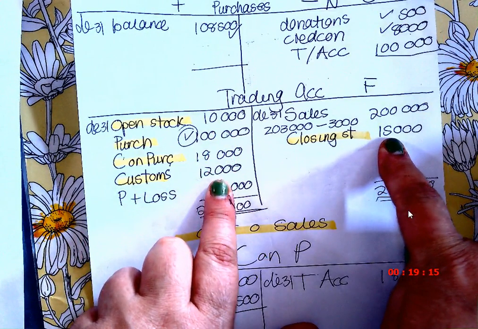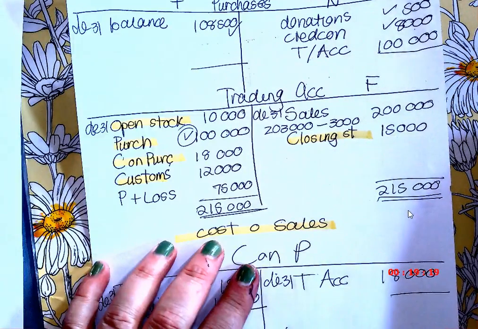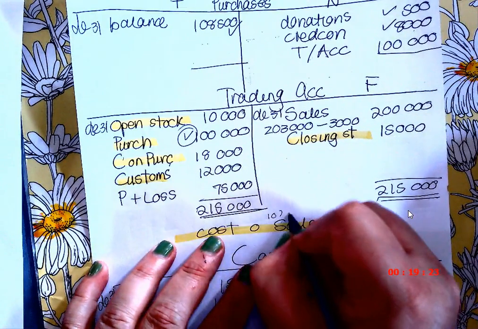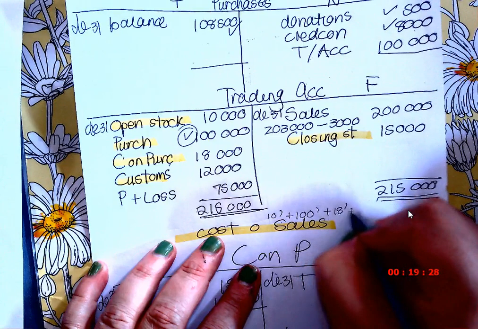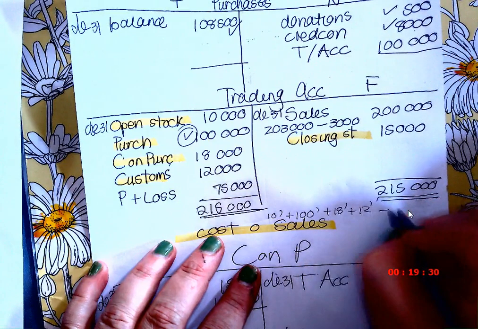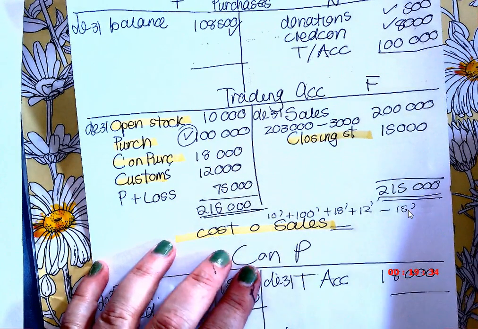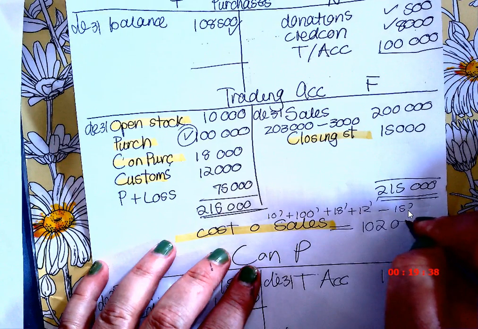And that gives me what? 10 plus 100 plus 80 plus 12 less 15 gives me 102. No, 125.